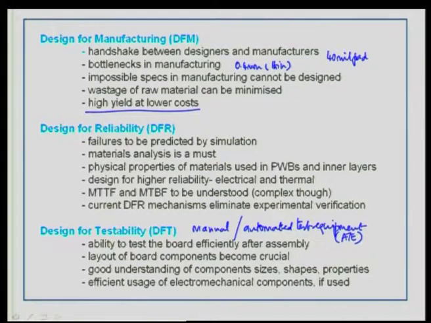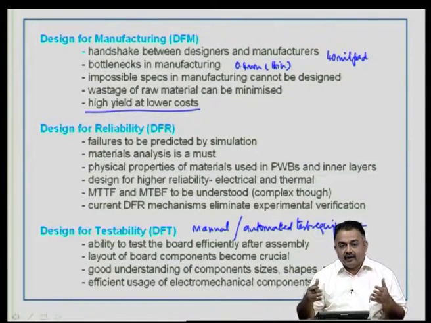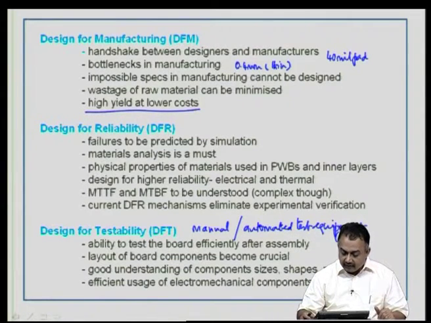Okay, so, if you want to use equipment, then you have to do your layout of the critical devices very carefully, so that you can have access to these components from the equipment or manually.